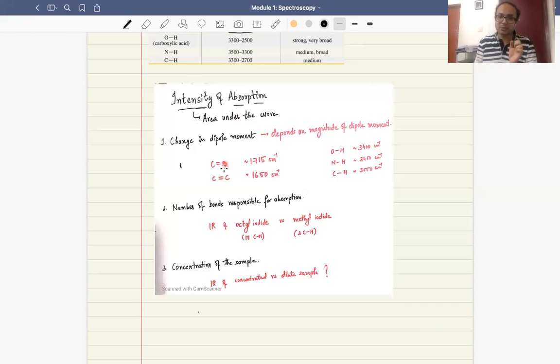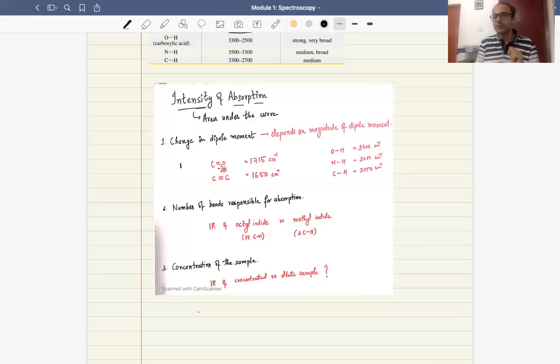Considering C=O and C=C, C=O does have a dipole moment. C=C also has a dipole moment depending upon the groups that are attached to the C=C bond. So in this case, since we are considering that both of them have some degree of dipole moment, they will be IR active.